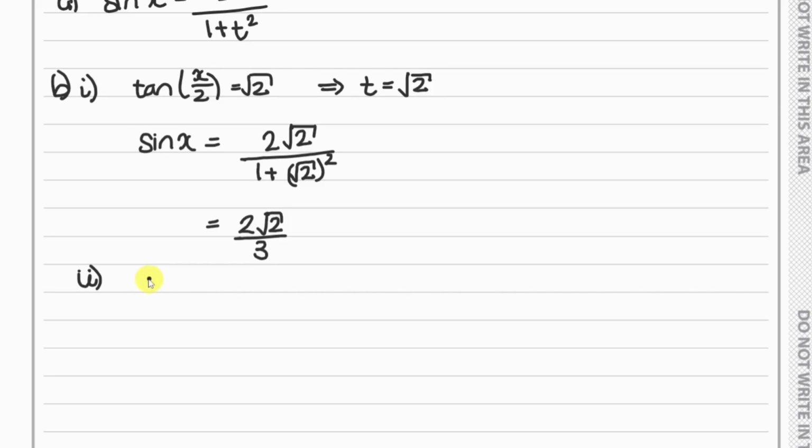We can start from knowing that tan x is sine x over cos x. We can then rearrange that by multiplying up by the cos and dividing through by the tan to tell us that cos x is therefore sine x over tan x.